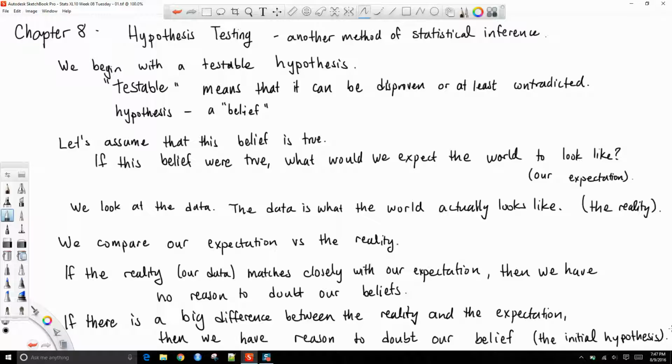And this part, deciding when there is a little difference or a big difference between the reality of our data and what we're expecting, that's where our understanding of sampling distributions and probability comes in, okay? But I just kind of want to make sure, from a high-level perspective, this idea feels okay.